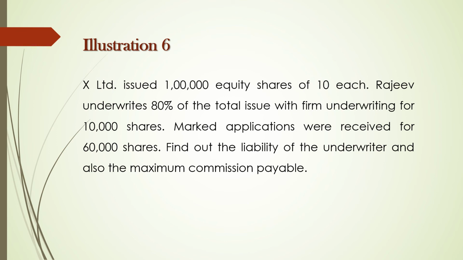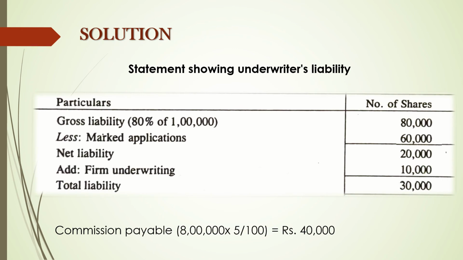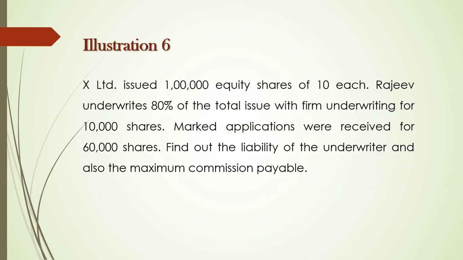Now let's see how to calculate the liability of the underwriter. Here there is partial underwriting as well as firm underwriting. So let's come to the solution on the statement showing underwriter's liability. In the question it is mentioned that Rajiv underwrites 80% of the total issue.